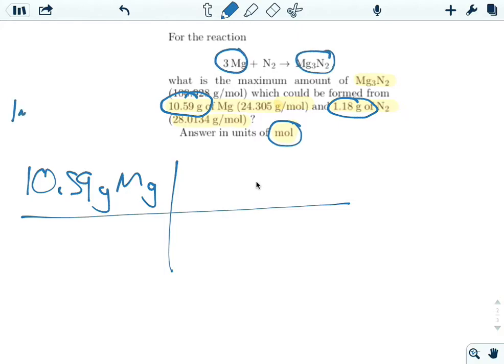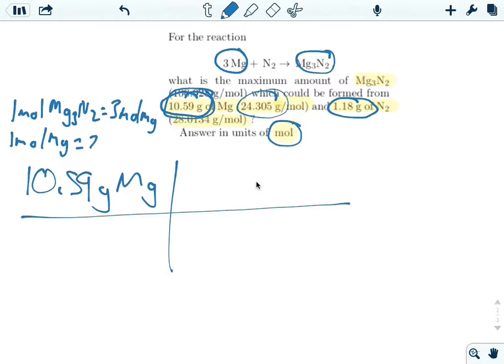So 1 mole of our Mg3N2 equals 3 moles of magnesium. And then it gave us the molar mass right here. So 1 mole of magnesium equals our molar mass is right here, 24.305 grams of magnesium.